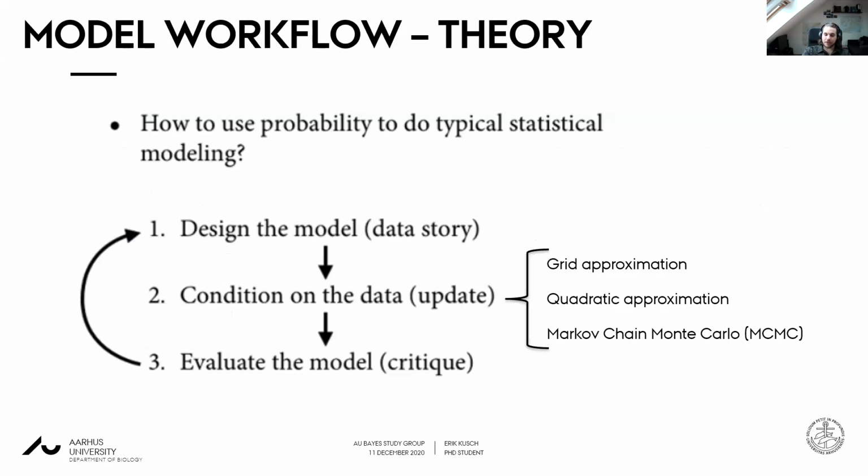So with that out of the way, we know how the counting works, but how do you build an effective Bayesian model? For this, McElreath suggests these 3 steps, which to my mind are very much the same as in frequentist statistics. First you design a model, then you, in this case, condition on the data, or as he calls it, update, which you can do with grid approximation, quadratic approximation, or Markov chain Monte Carlo (MCMC) samplers.